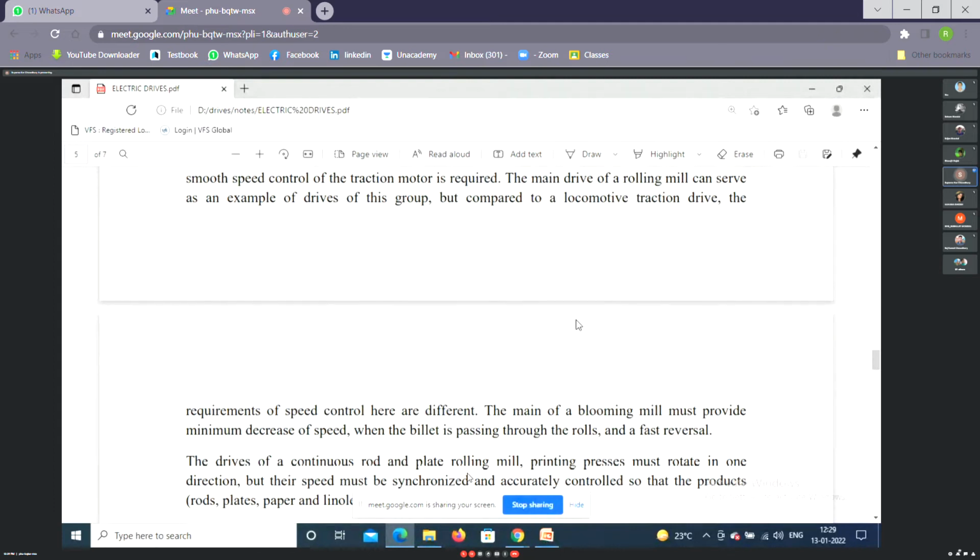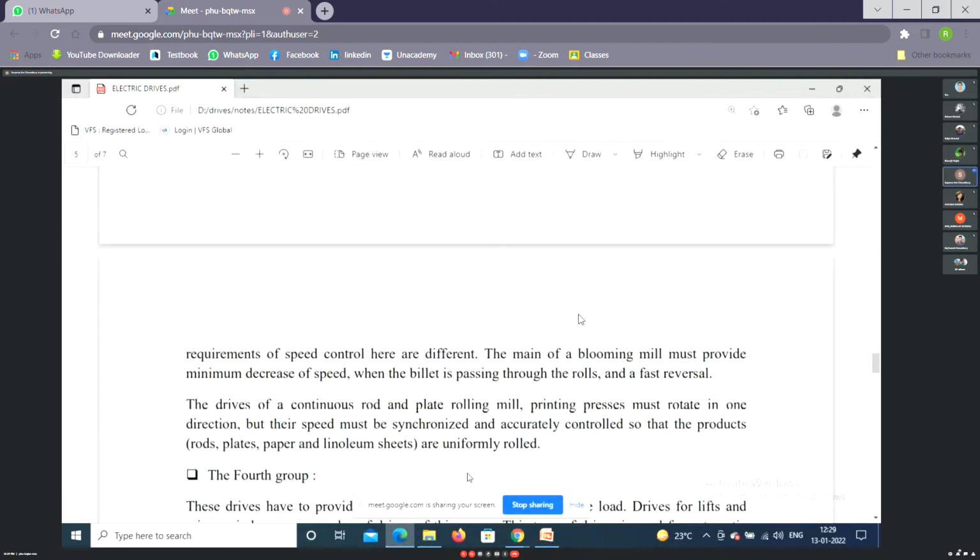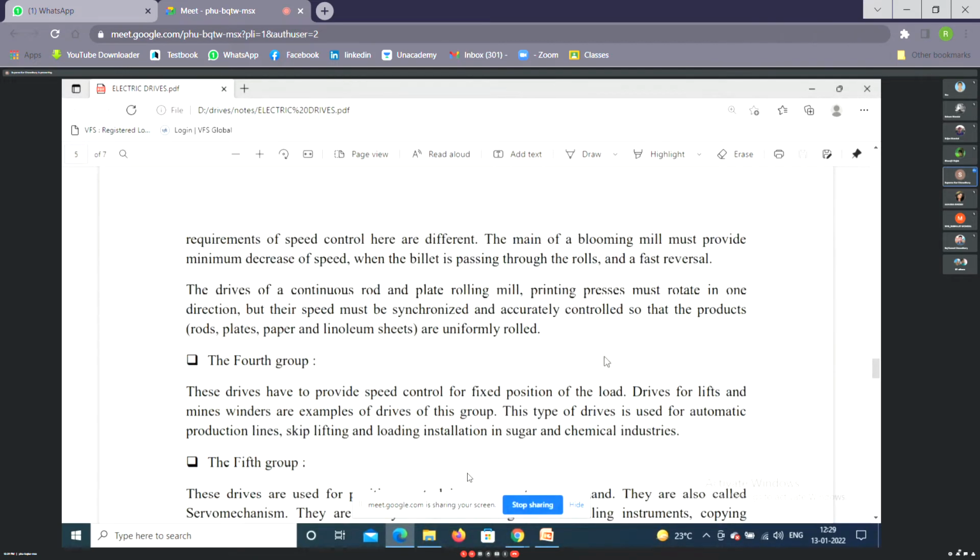The main drive of a blooming mill must provide minimum decrease of speed when the billet is passing through the rolls, and a fast reversal. The drive of a continuous rod and plate rolling mill or printing press must rotate in one direction, but their speed must be synchronized and accurately controlled so that the products are uniformly rolled.